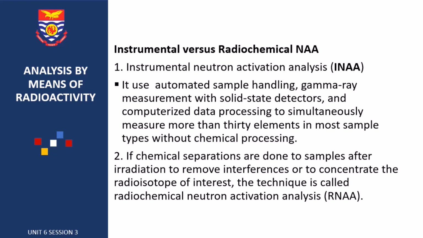So the instrumental neutron activation analysis, the INAA, can measure more than 30 elements in many sample types without chemical processing, and what it employs is the use of automated sample handling and gamma ray measurements with solid state detectors.